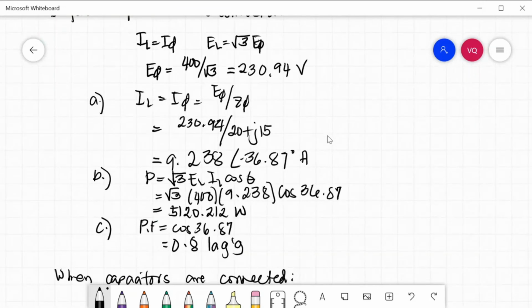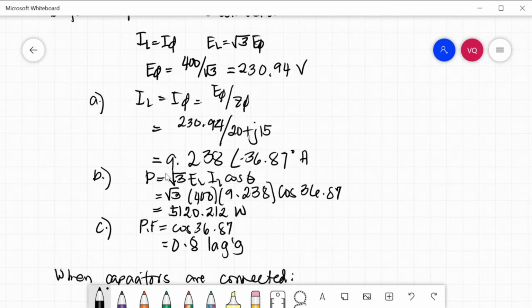Solving now for A, the line current: IL is equal to I phase, that is equal to E phase divided by Z phase, 230.94 divided by 20 plus j15, that is 9.238 angle negative 36.87 degrees amperes.